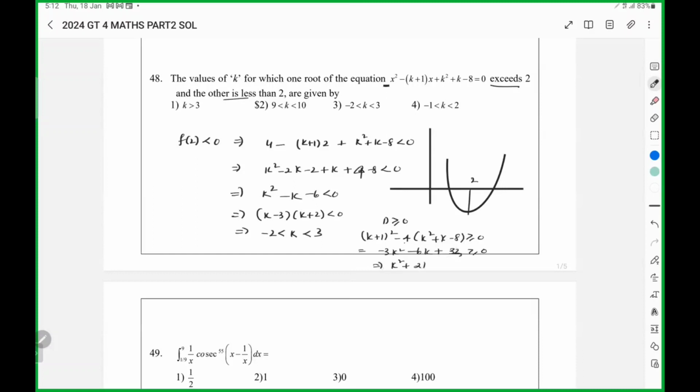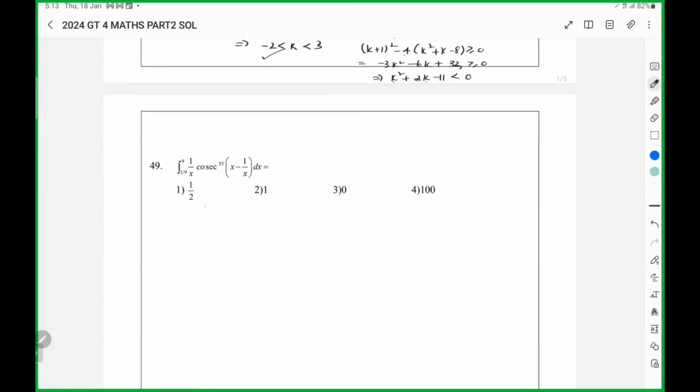K square plus 2k minus 11 less than 0. So for this, if you find roots, even if you put 0 here, negative 2, 4 plus 8 minus 11, then 0. Even if you put negative, so the common part is third option.